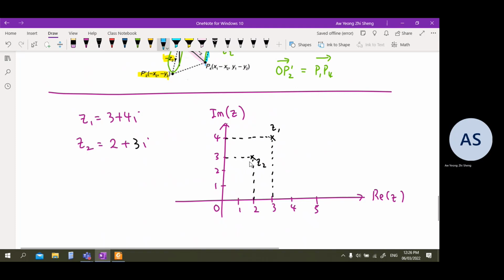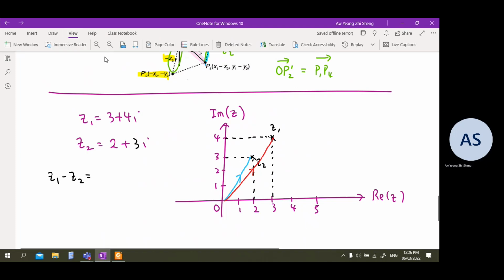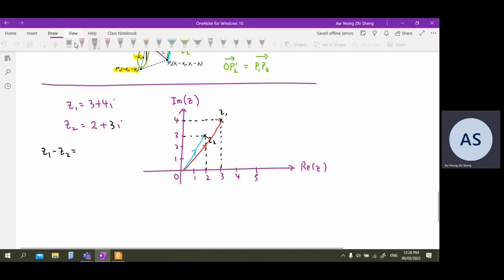My blue color vector is a vector representation of Z2, and my red color vector is a vector representation of Z1. So if I want to take Z1 minus Z2, then I can figure out the result by referring to my Argand diagram.